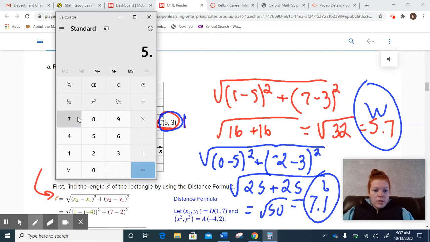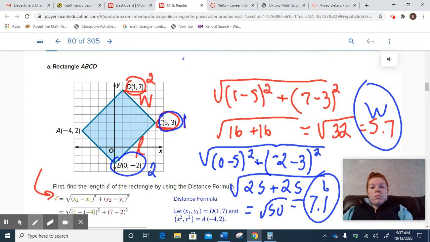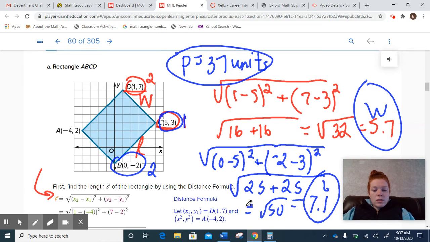So 5.7 times 2 equals, and I'm going to add on 7.1 times 2 to get the perimeter, which is 37 altogether. So the perimeter equals 37 units. I don't know if it gave me units, but I'm going to go with those units.